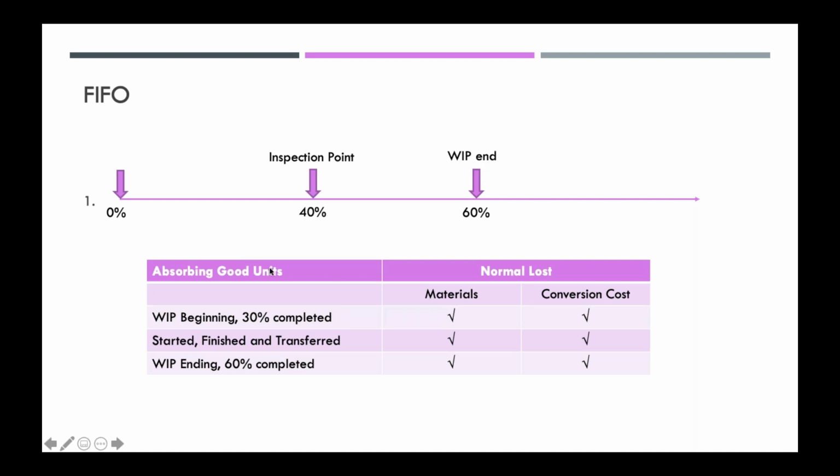So, dahil 30% completed pa lang siya, hindi pa siya nakadaan dun sa inspection point. So during this month, doon pa lang siya dumaan sa inspection point at 40%. Kaya nung dumaan siya dyan, nakarating siya hanggang dulo, meron siyang magiging share doon sa lost units in terms of materials.